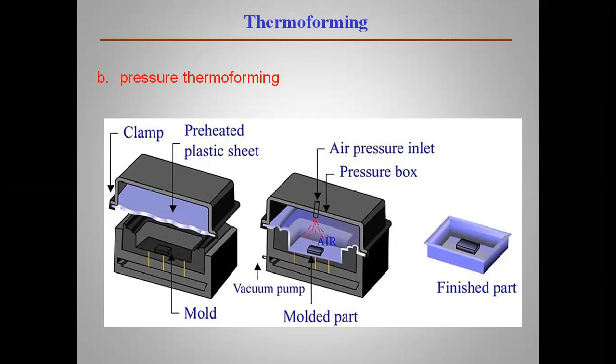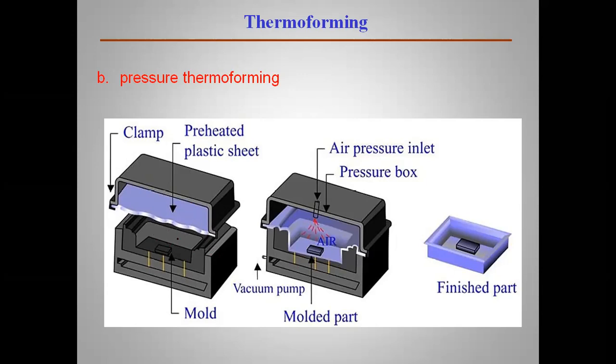Normally vent holes are there, and through the vent holes the trapped air can be exhausted. So the forming portion of the sequence is that the sheet is placed over a mold cavity and positive pressure forces the sheet into the mold cavity.